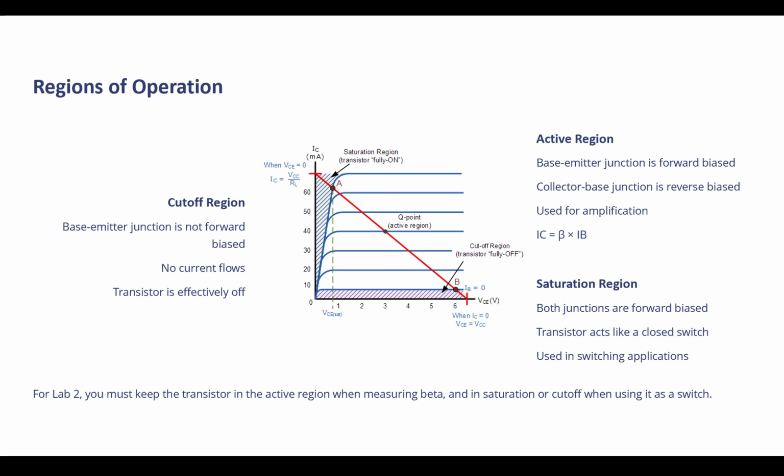That means you are creating a path for the charges to transfer between the collector and emitter. So if you have a certain amount of current in your base, then your BJT will be able to conduct current between the collector and emitter.